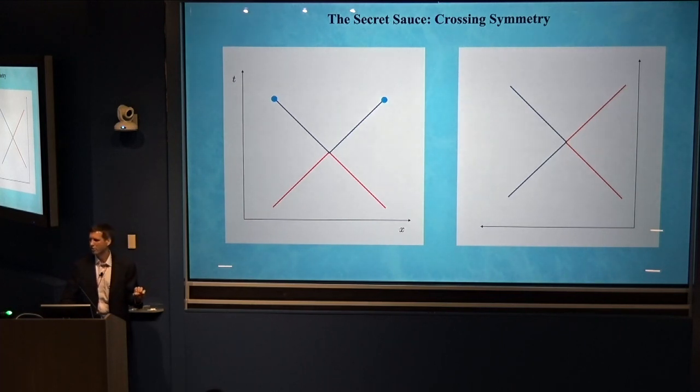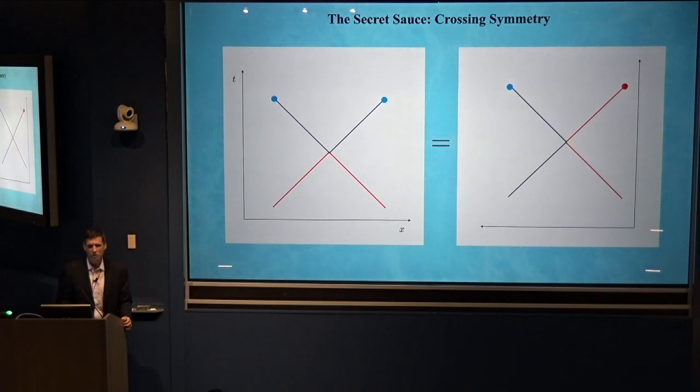Now we take that picture and reinterpret it as a different scattering process. We interpret this as a blue particle scattering against a red particle. Again, those particles bump into each other, they interact, and they come out. And in relativistic theories, these two things are related to each other.